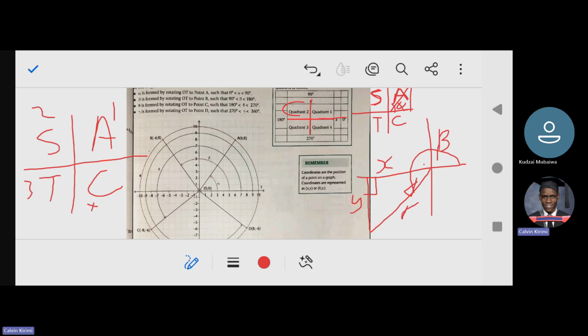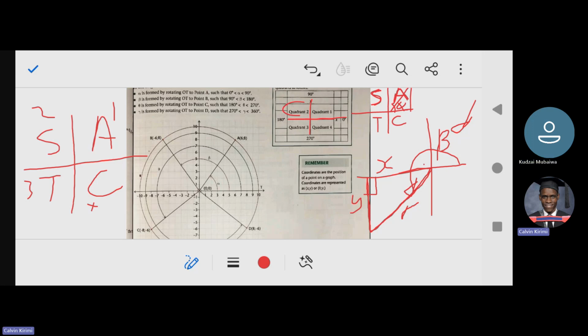So if you are looking for sine, you say sine beta. What is sine beta here? In this triangle, sine beta is y over r. Yes, you are right.